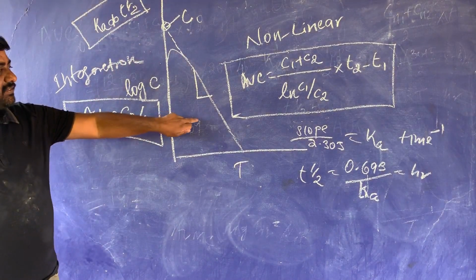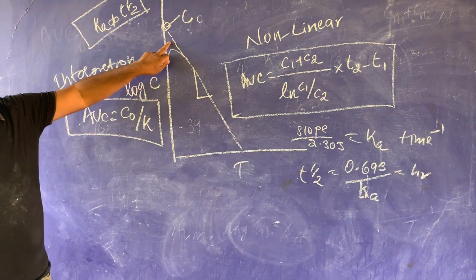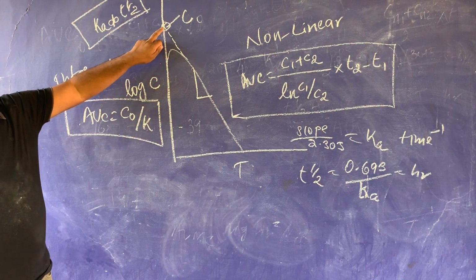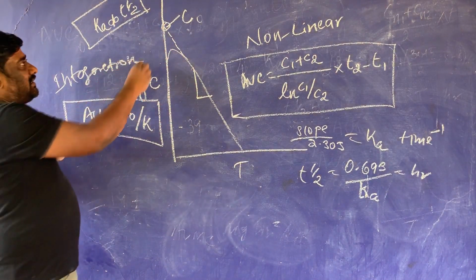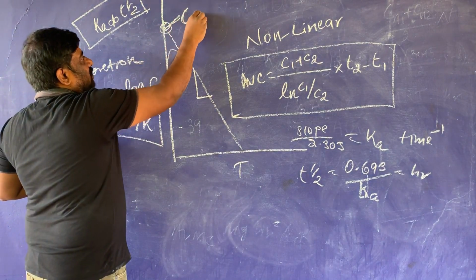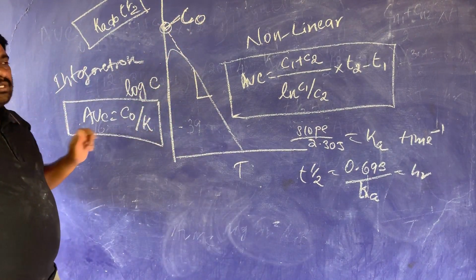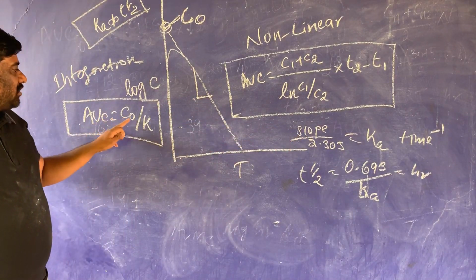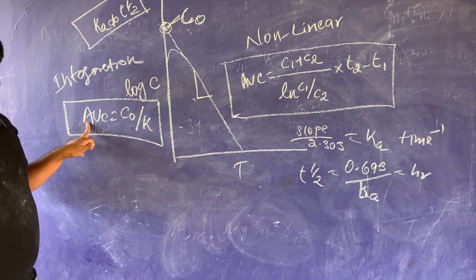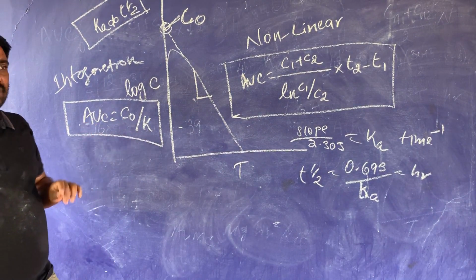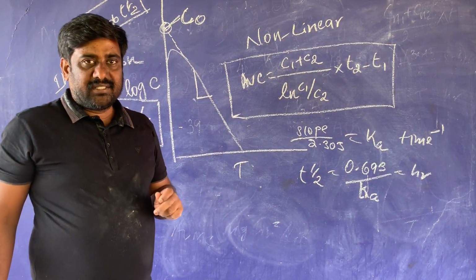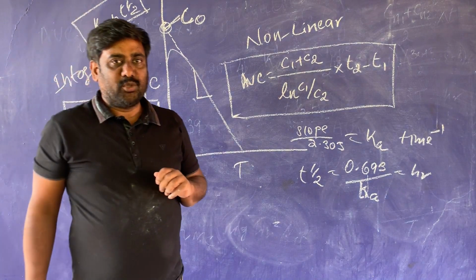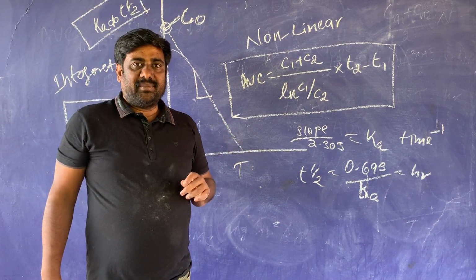In the same graph, the curve is extrapolated to the y-axis. Where it intersects the y-axis, this intersection is known as C0. In the same graph, K is calculated. So C0 divided by K will give you the AUC. So these are the 4 methods to calculate AUC, AUMC, thereby MRT can be calculated.